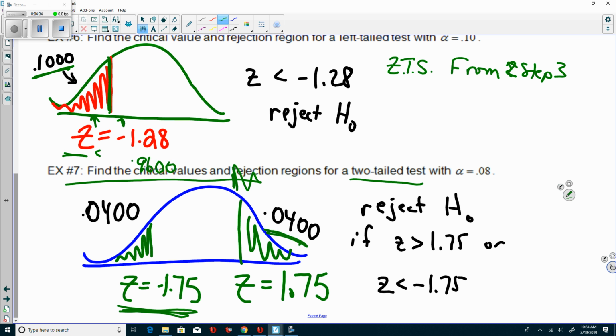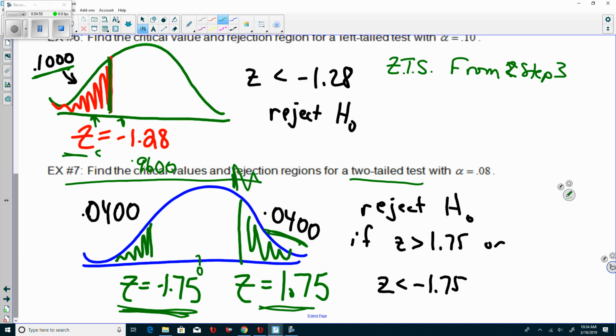So you either look up the 0.0400, you get negative 1.75. You know it's the same amount here. It's symmetric on the 0, so you know it has to be positive 1.75. If you forget that, then you look up 0.9600, and that will give you 1.75.